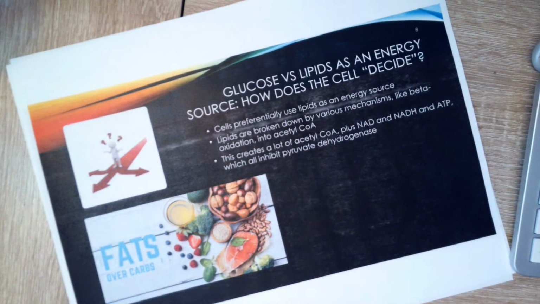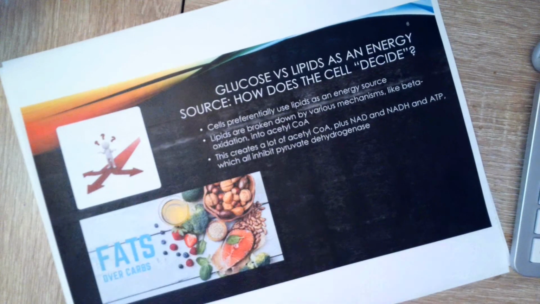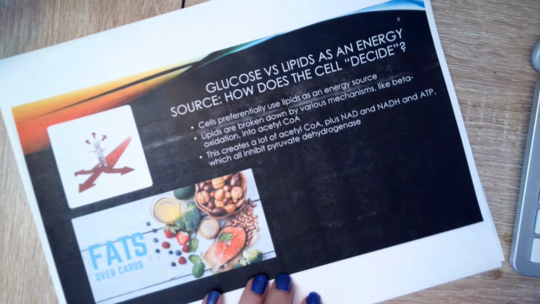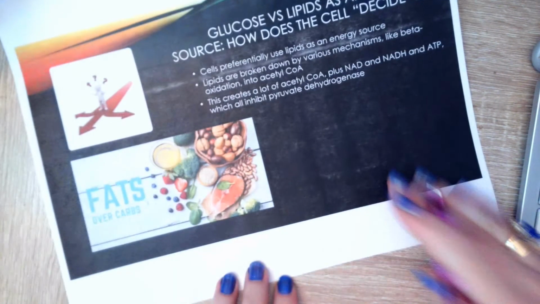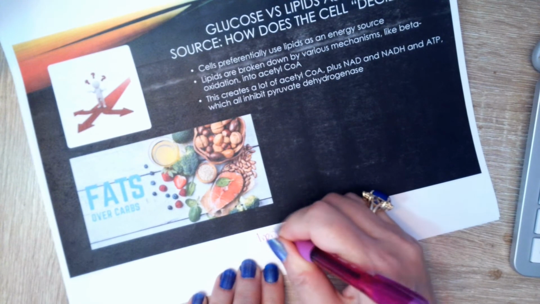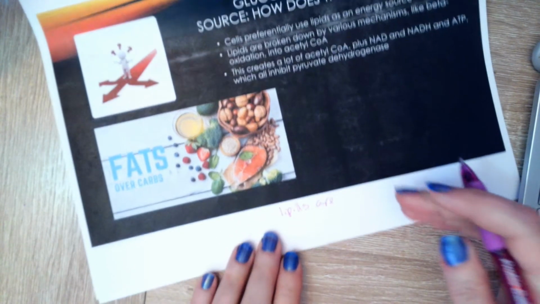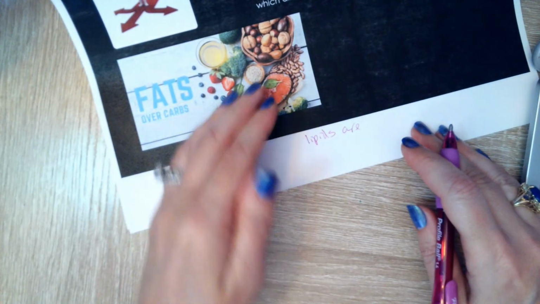We'll get back to the arsenic in a minute, but let's just look now briefly at why we use glucose versus lipids as an energy source. Lipids are preferable as an energy source. Lipids are more efficient. I'm going to just scooch this up. The light is just too bright down there.